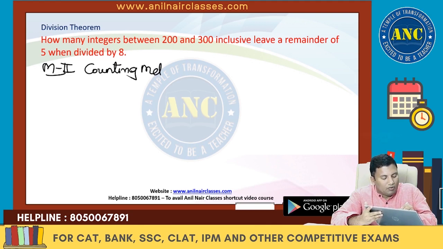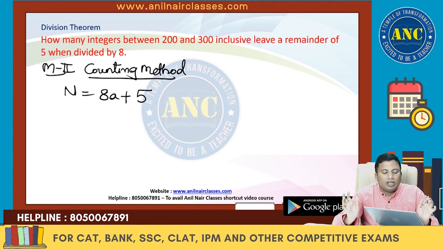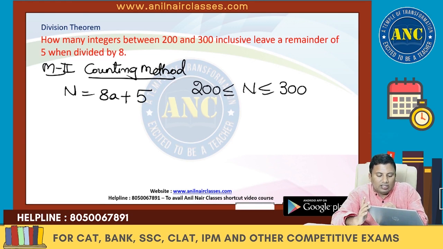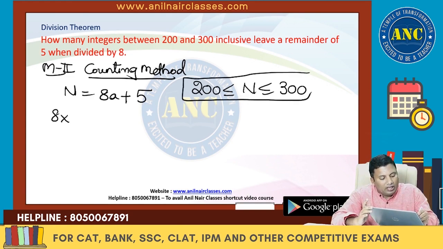Now, method 2, the counting method. What is the counting method? The number is of the form, when divided by 8, it gives a remainder 5. So this value lies in between 200 less than or equal to n less than or equal to 300. 8 25s are 200.